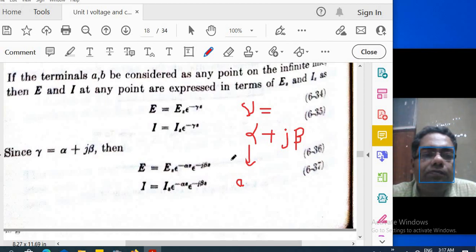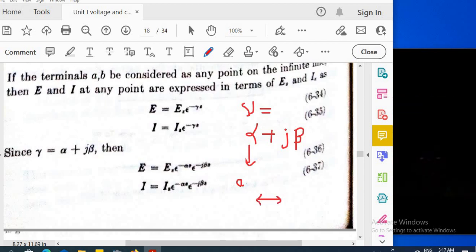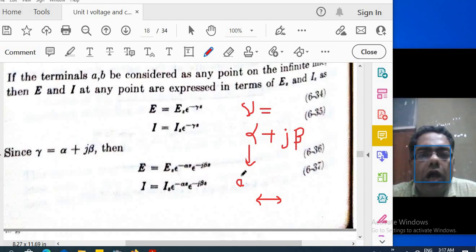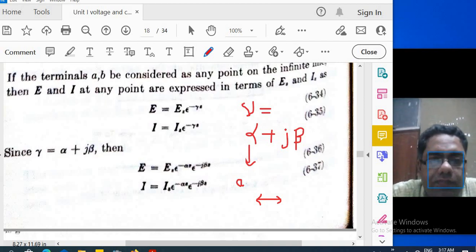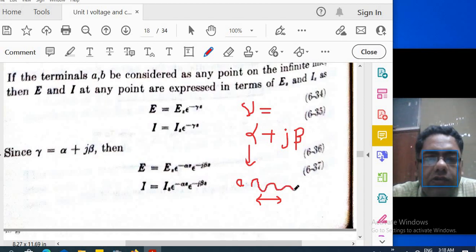That means when a wave travels unit distance in a transmission line, how much the signal is attenuated, how much the amplitude decreases. The amplitude will go on decreasing because there will be losses in the line.